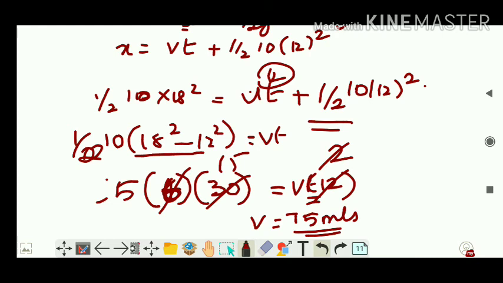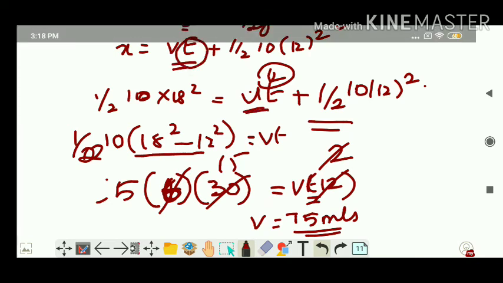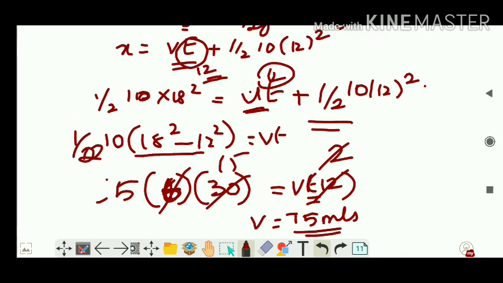Because, see guys, in vt, I forgot to write 12 here. We substituted 12 in t squared but forgot to write 12 here. You will get the velocity as 75 meters per second. Clear? Now we have to move to the next question.